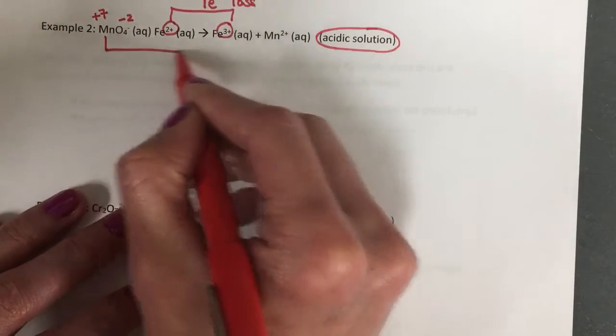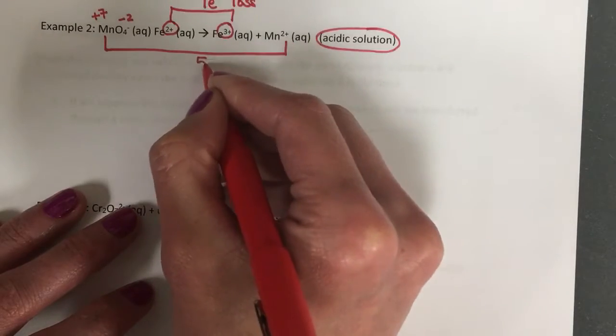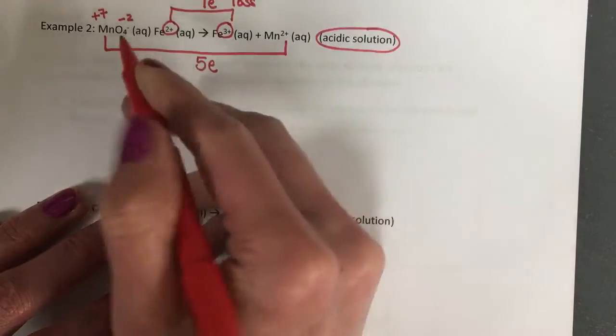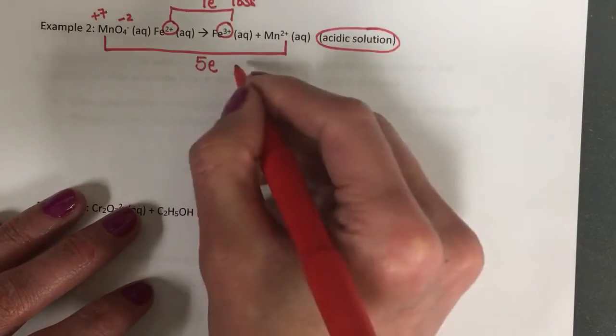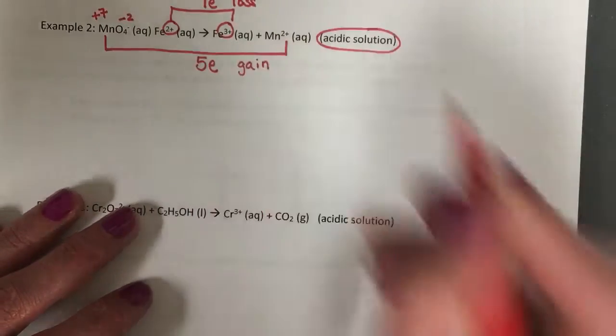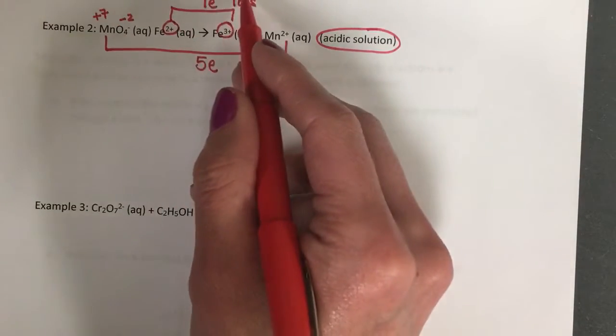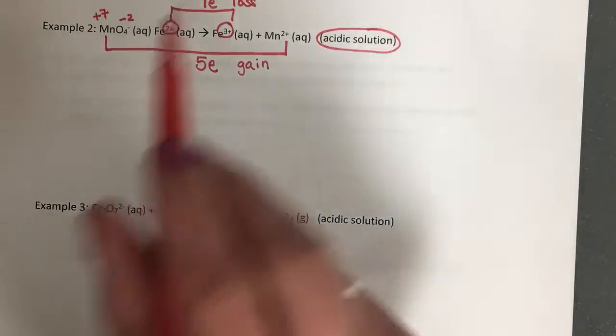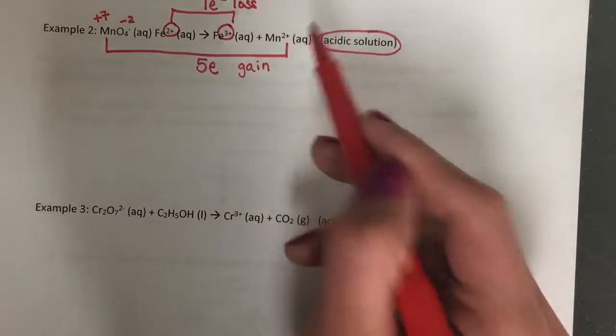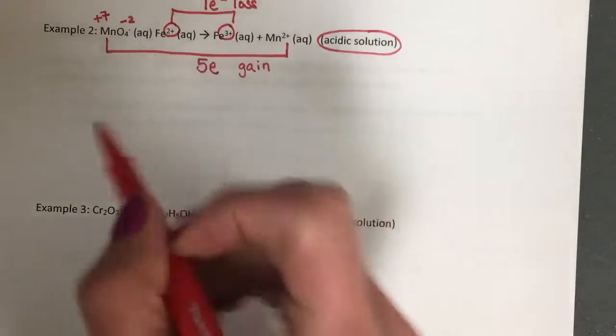So it has to change by 5 electrons. +7 to +2, it is going to gain those electrons. So iron is being oxidized. MnO4 is being reduced. Okay?